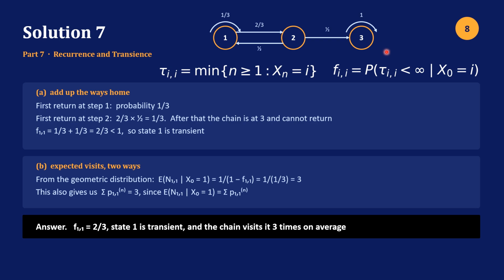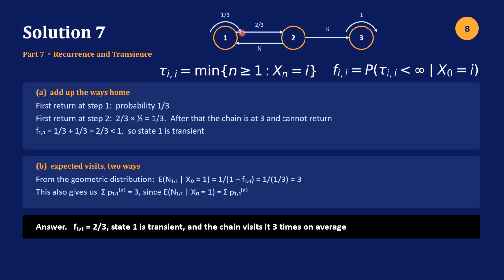In this case, there are 3 different types of path. In one type of path, you come back in the very first step, with probability 1/3. And what happens after that doesn't matter. We're only interested in the first return. So the first return at step 1 is probability 1/3.